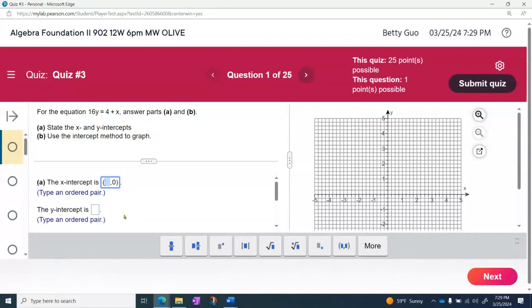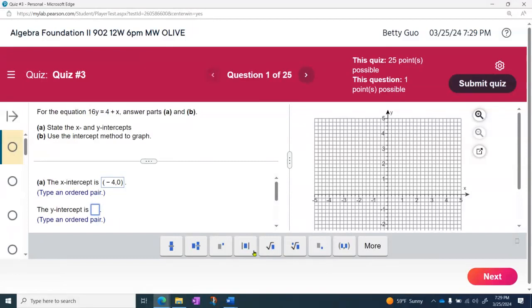X value is going to be -4, because if y is 0, the left side is 0. 0 equals 4 plus x. X has to be -4 in order for that to be true. So that's the x-intercept. Any questions? You don't have to do this. I just don't have a scratch paper to show you.